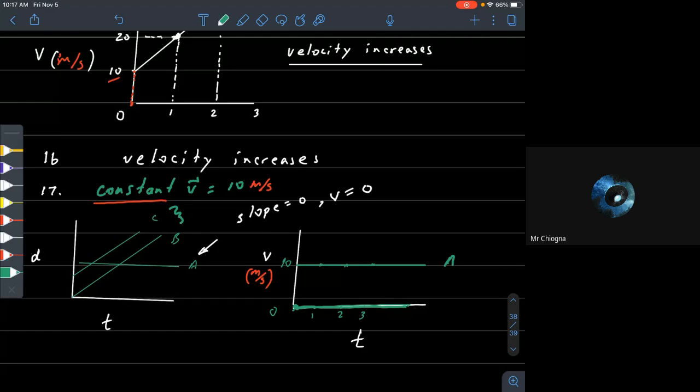For A and B, because they're parallel to each other in this diagram, right? Did I say A and B? I meant B and C. Be clear. This is A here.